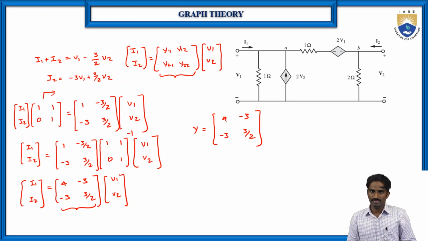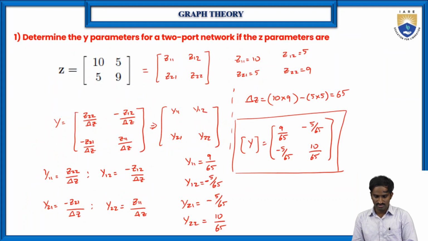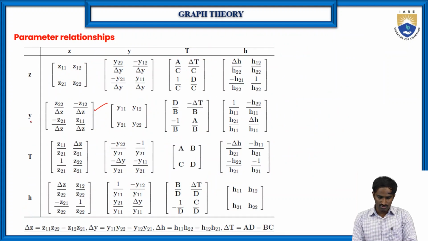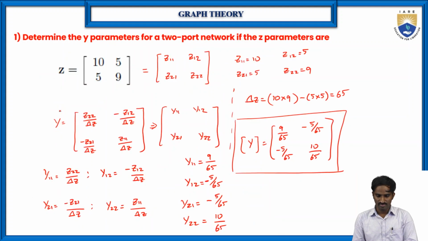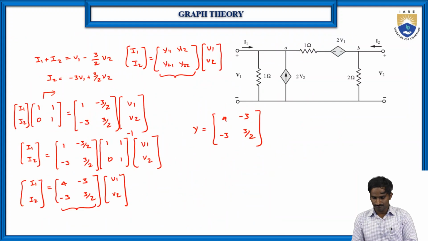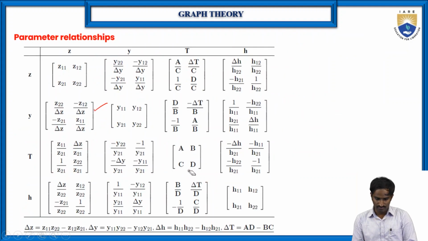So this is the admittance matrix, the y parameters. Now from the y parameters we need to find the z parameters. As we already know, z parameters in terms of y parameters is also the same: y22 and y11 just interchange, and put the negative sign.